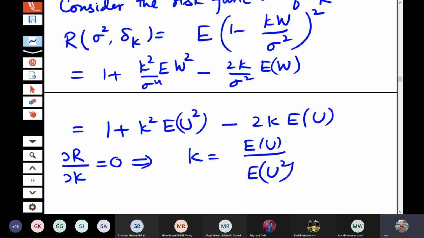So K becomes expectation U by expectation U square. So here you look at the values of this one. Expectation of U will be n, because this is chi square n distribution. So in chi square n, you know that the first moment is n and the second moment is n square plus 2n. You remember that?